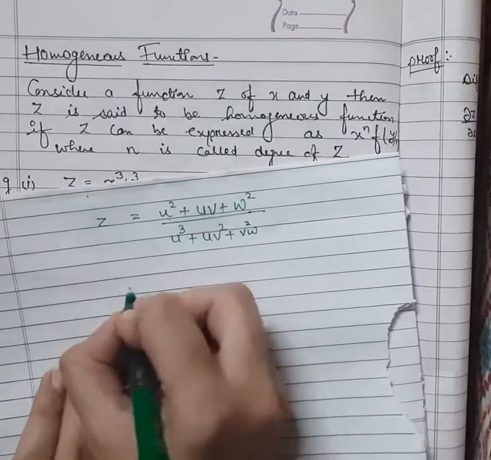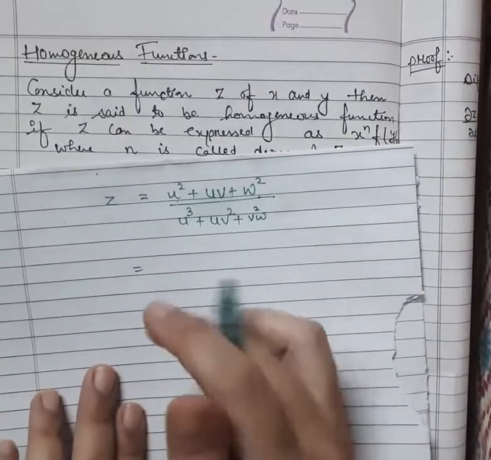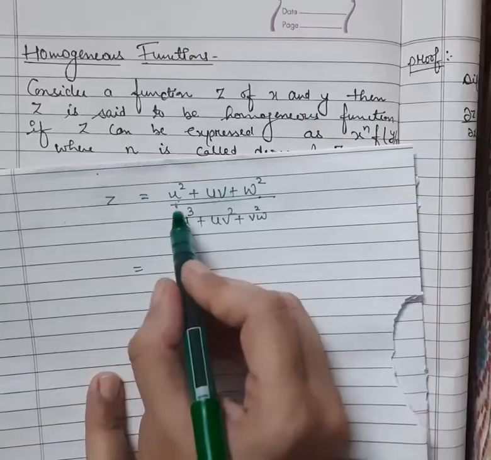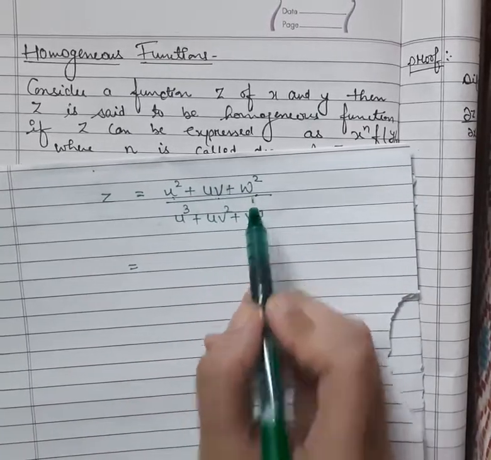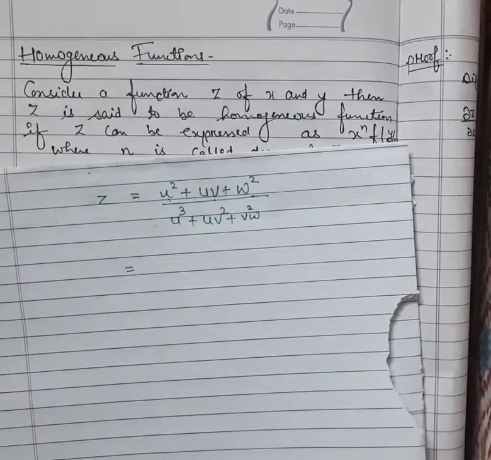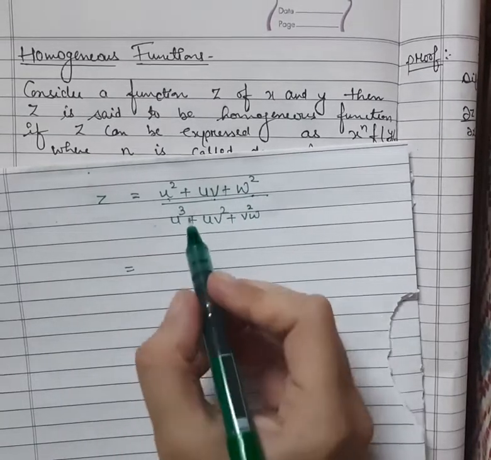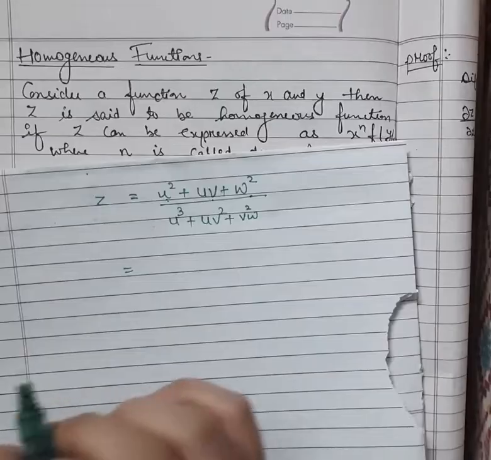Again, I will take the maximum power outside, and you can choose any one variable. We can choose u, we can choose w, or we can choose v. We can choose any one out of u, v or w. That's totally our choice.